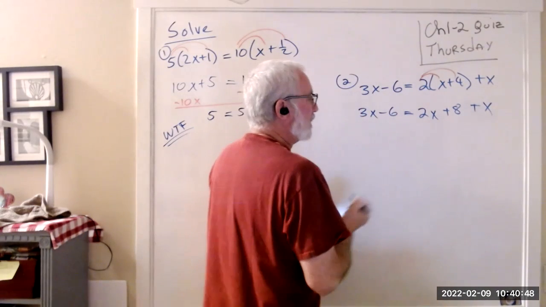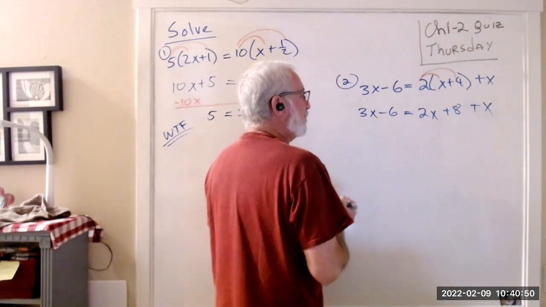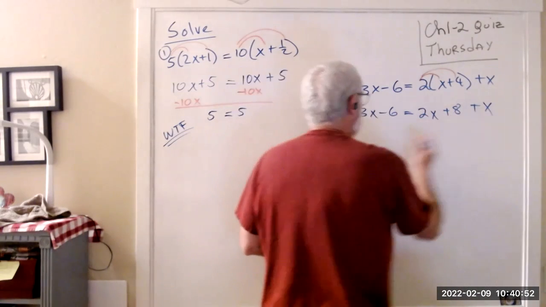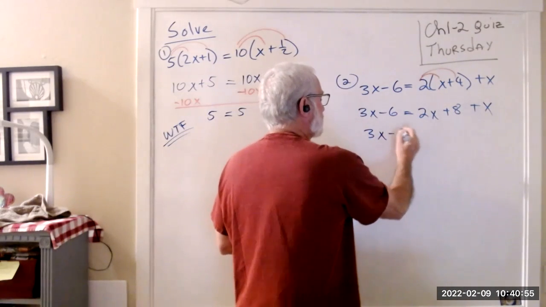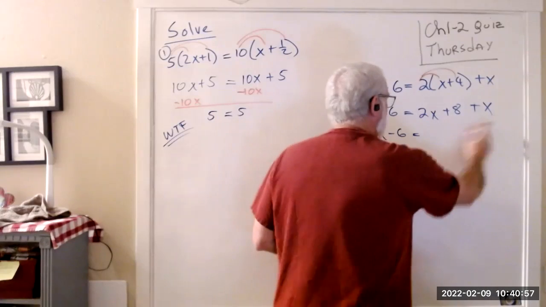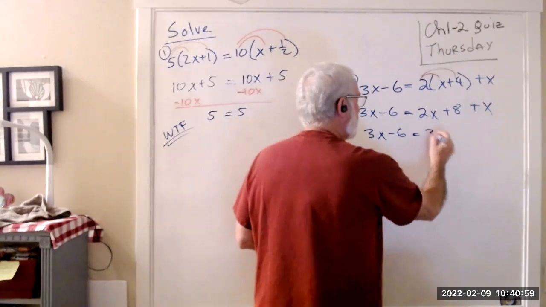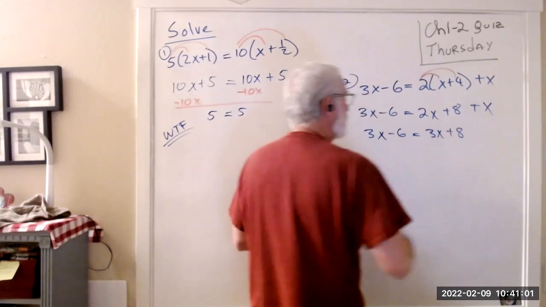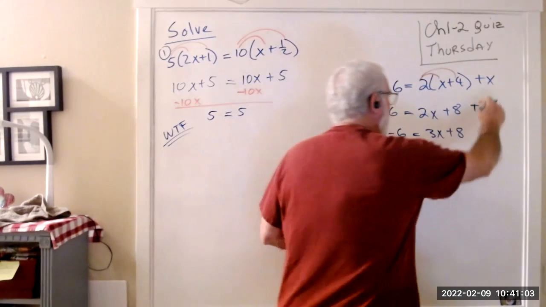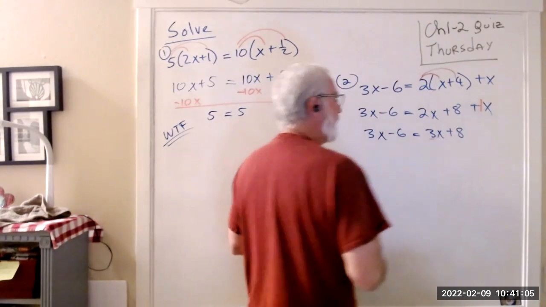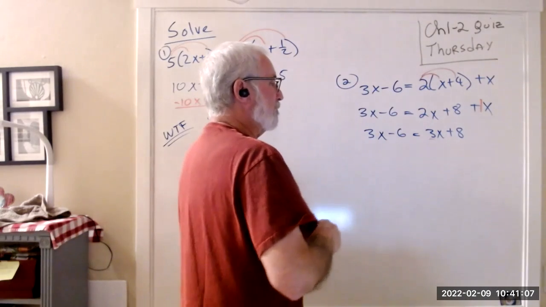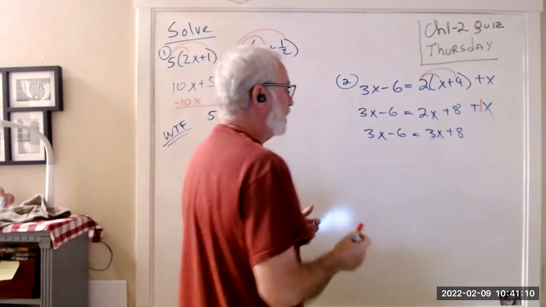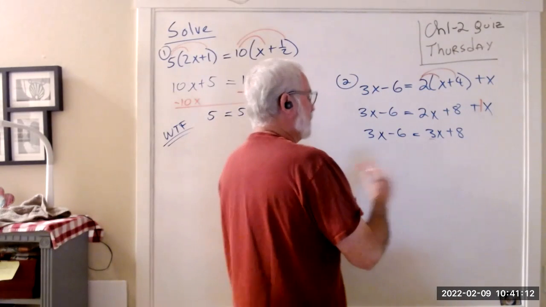Okay, and then it was simplify each side. So if we add these together, this becomes 3x minus 6, but the right-hand side simplifies into 3x plus 8 because 2x and 1x make the 3x. Okay, again, our rule is get x's together on one side.